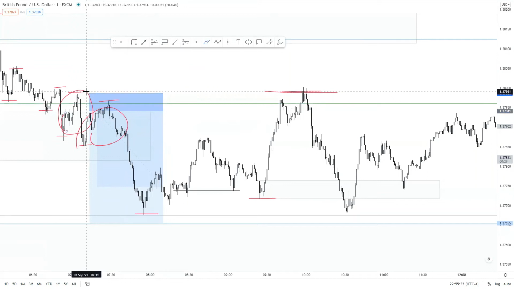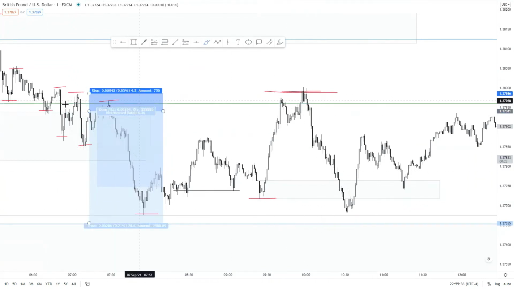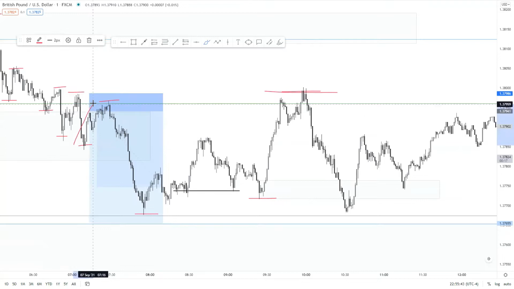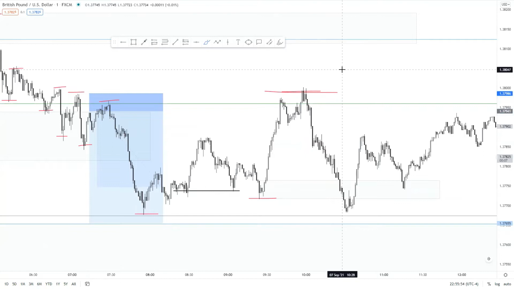There's a big difference. This is an extended leg, and the pullback is deeper. The pullback here was maybe 11 pips. The pullback from here to my POI is like 23 pips, right? There's a big difference. It's almost twice as big.